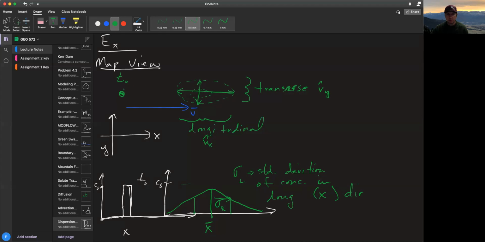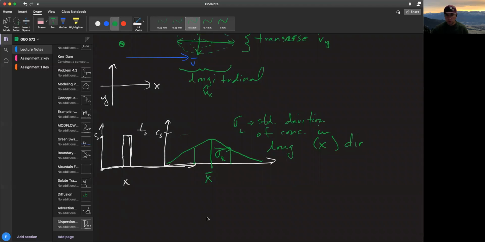Now the distance of the center of the plume, so this x bar, the center of the plume, or center of, it's not really a plume, what would we call this?